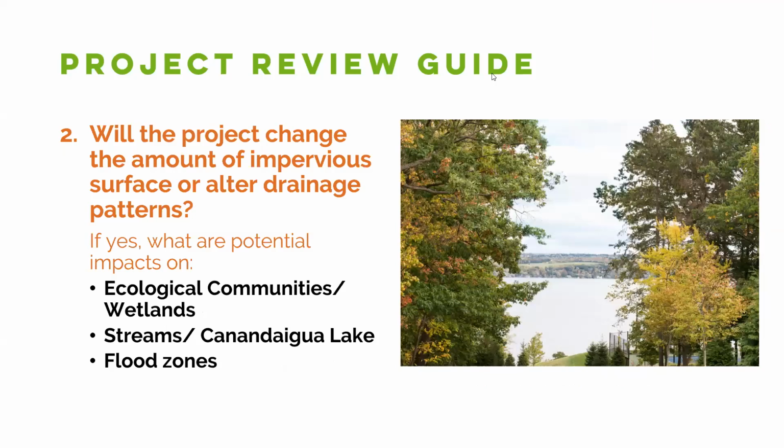So the second question is, will the project change the amount of impervious surface or alter drainage patterns? This is certainly something that the town engineer looks at through the stormwater management lens. But the other aspect of it is, how does it affect ecological communities?